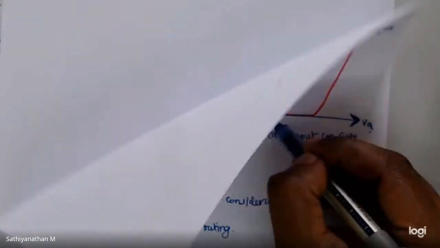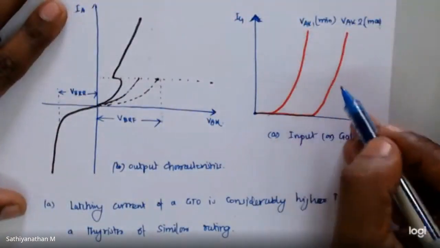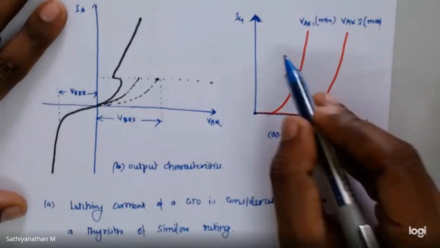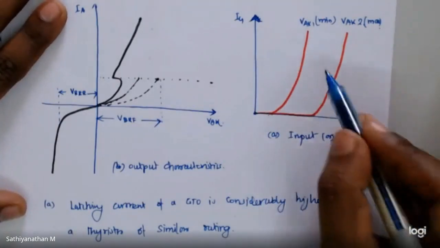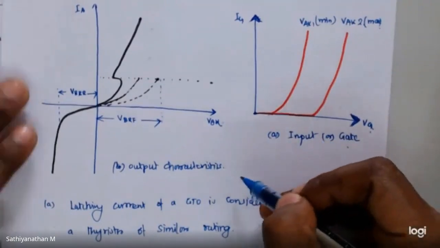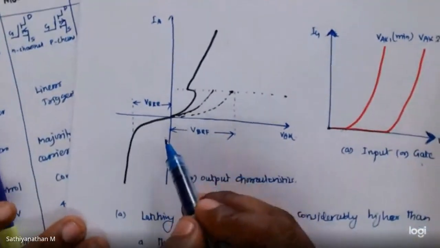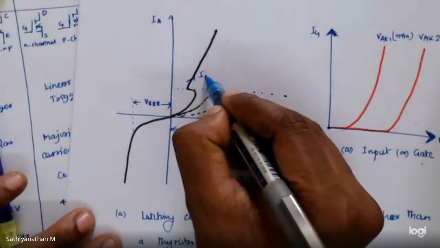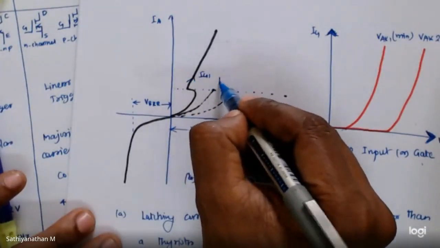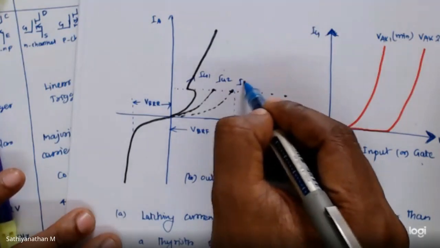So your device starts to conduct at different magnitudes of gate voltage and gate current. So this is your input or gate characteristics of GTO. Similarly, output characteristics for different gate current, this is for one gate current, and this is for another gate current, and this is for another gate current.